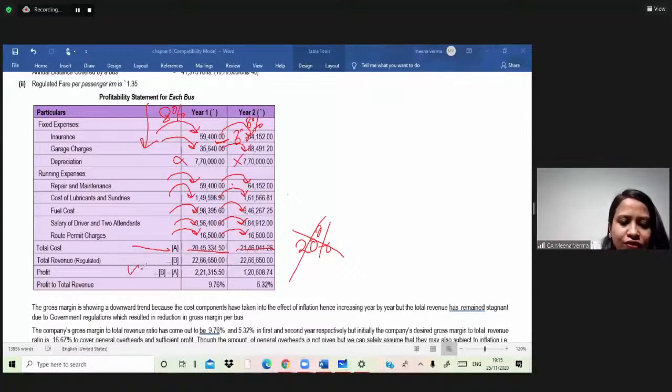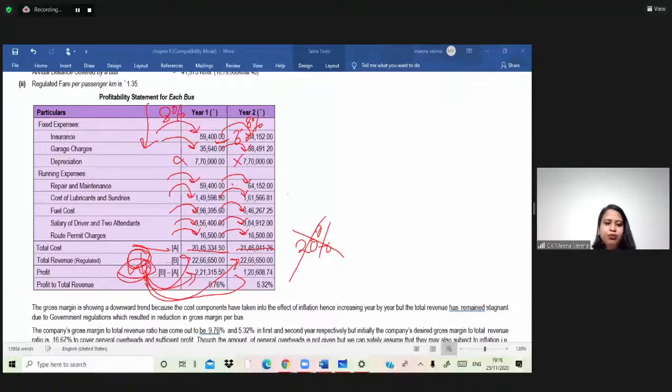Whatever revenue you have calculated here will remain the same, and it will come here and at this place and at this place. So after considering, see, the revenue is the same and the cost is increasing. So obviously the profit is decreasing during these next 2 years.